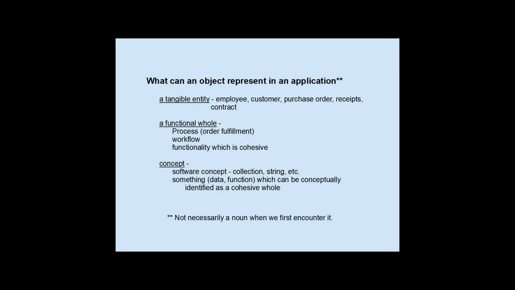That is, some functionality which has a well-defined beginning and end. Some examples of this might be a process, such as an order fulfillment, or a description of a workflow, or functionality which is cohesive. We will see an example of cohesive functionality becoming an object later in this video.